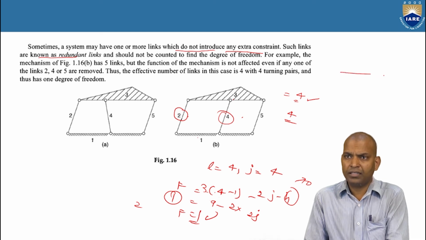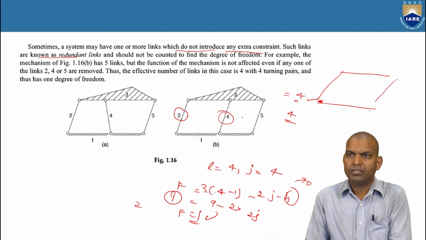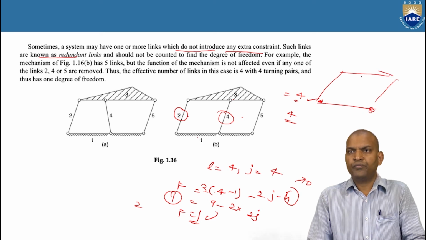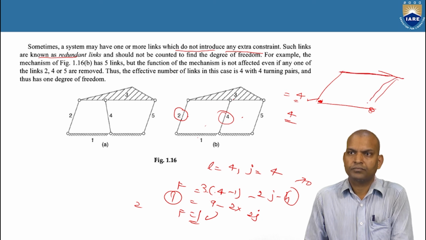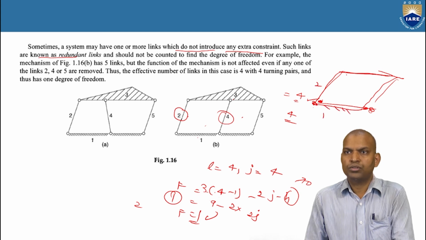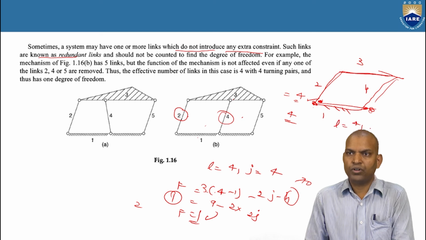To understand better, number of links or number of joints are 4. This is a 4 bar mechanism. I'll explain here. Link 1, 2, 3, 4. Number of links L equal to 4.